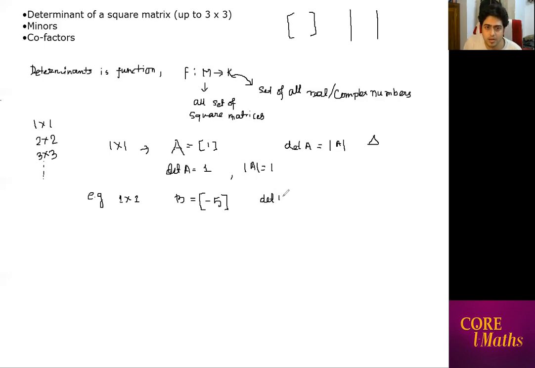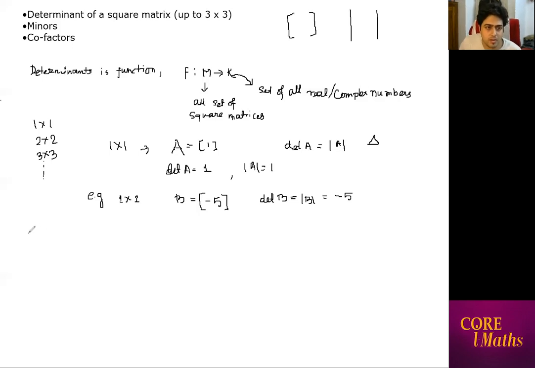Det B equals, you can write it also, determinant of B equals, just put the element value contained in that square matrix, but this is possible only for the case of 1 cross 1. So -5 is the determinant value of that square matrix, provided you check whether the order is 1 cross 1 or not.